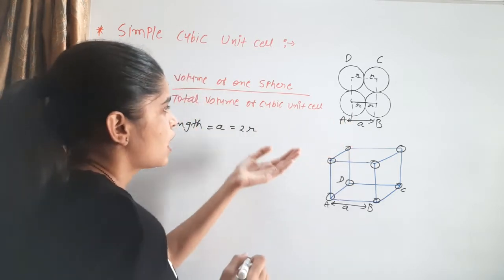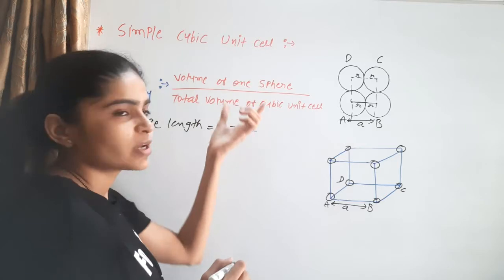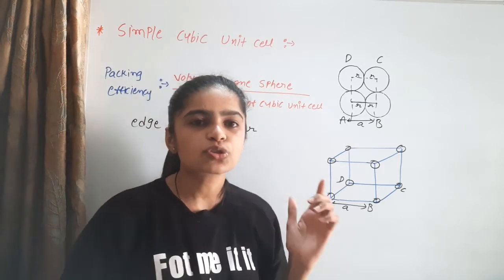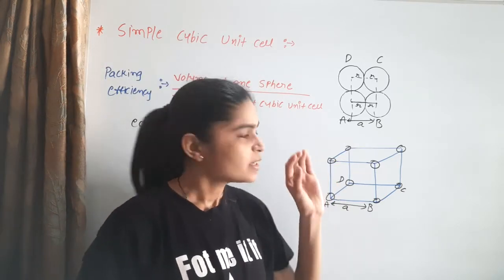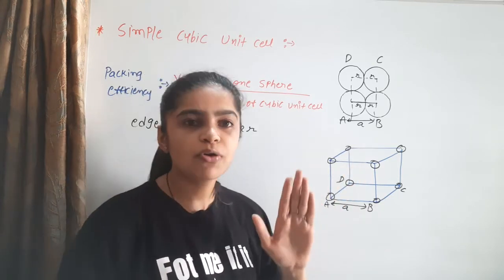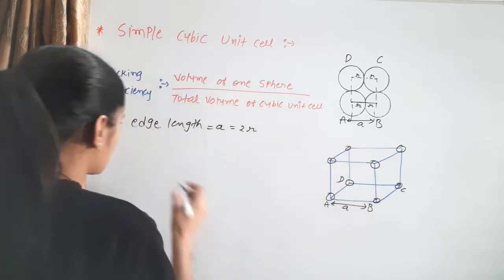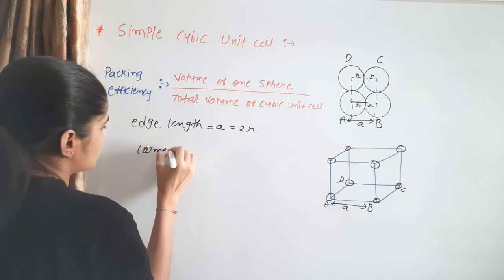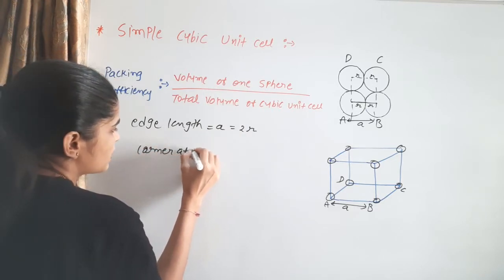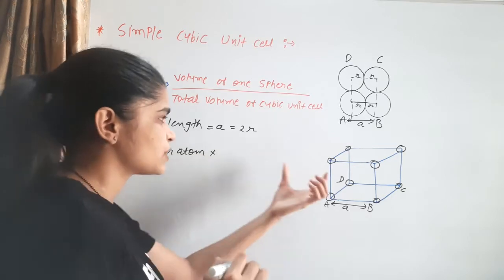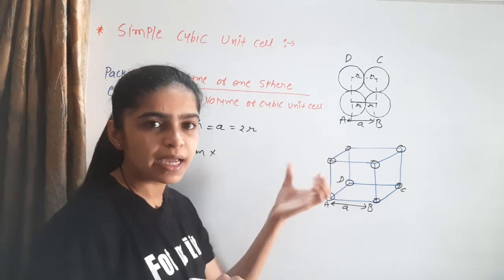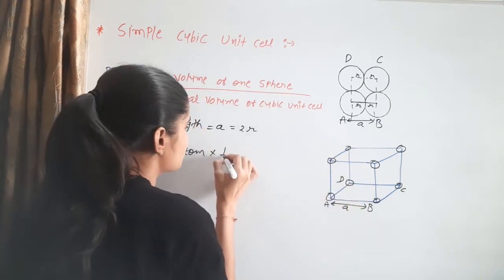Next, how to find the volume of one sphere? First consider the total number of atoms present. In this simple cubic cell, the total number of atoms present is 1, because there are 8 corner atoms, multiplied by their contribution, and this contribution is 1/8 part.